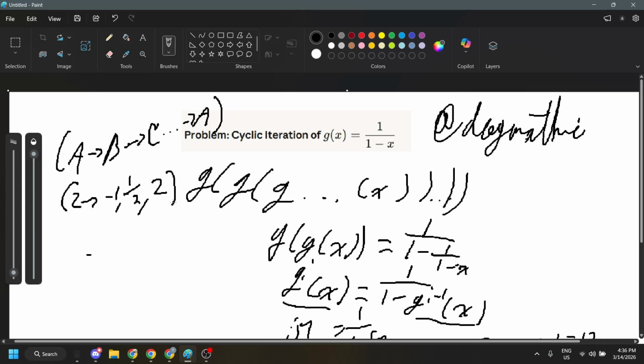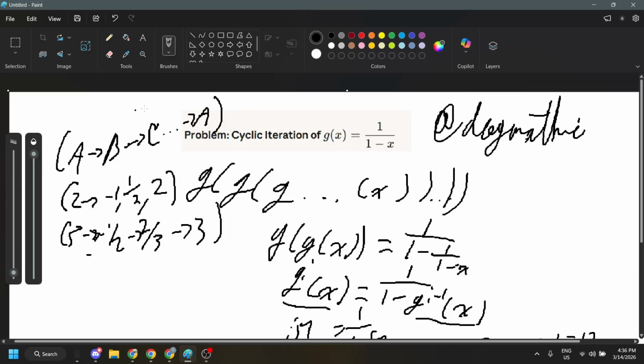So 3 goes to minus 1/2, which goes to 1 over 3/2, so 2/3. 2/3 goes to 3.